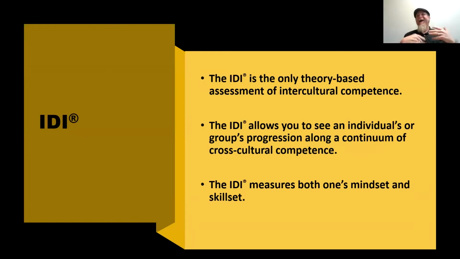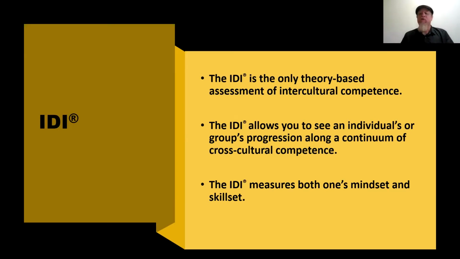The IDI is a theory-based assessment of intercultural competence. It is valid internationally, so the same questions are used in somewhere around 35 or 40 languages, and they're valid for every cultural group that people take this within. It could be for a Middle Eastern cultural group, European American cultural group, Asian groups.